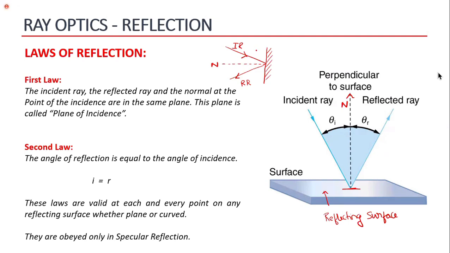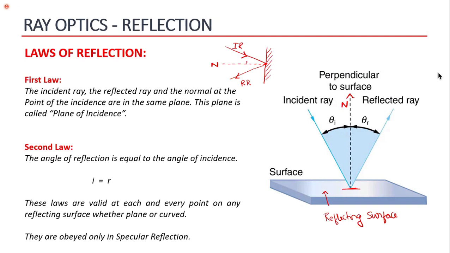Now what is the second law? The second law states that the angle of incidence is equal to your angle of reflection. Now, how do we define the angle of incidence? For example, if I take this as my reflecting surface, and I draw a normal to this surface, and let me say the incident ray is coming and falling at this point like this.